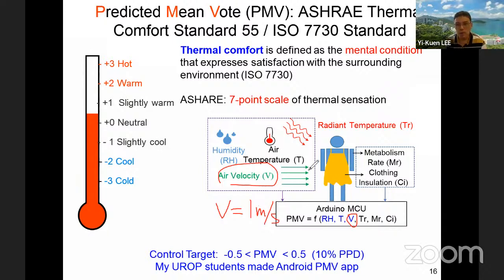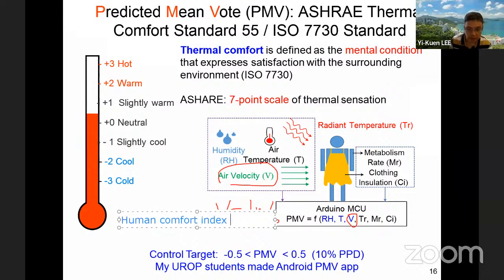Okay, but of course, human thermal comfort index is a very complicated thing. I just show you there's an index, or indices. Do you know how many human thermal comfort indices exist up to now? PMV is only one type of human thermal comfort index.